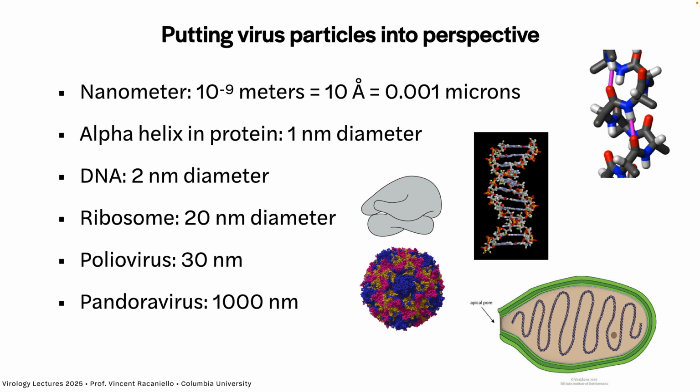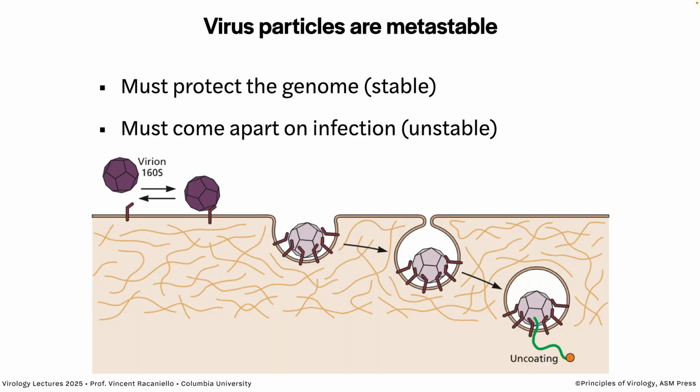DNA, shown here, is 2 nanometers in diameter. A ribosome is 20. Poliovirus is 30 nanometers. And Pandora virus is 1,000 nanometers in length. And the biggest virus particles known are about 1,500 nanometers in length, okay? So those are the kinds of terms that we like to use.